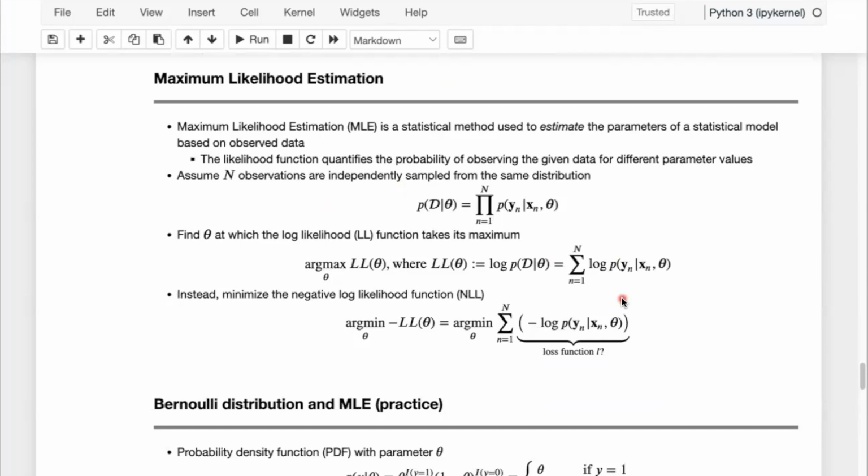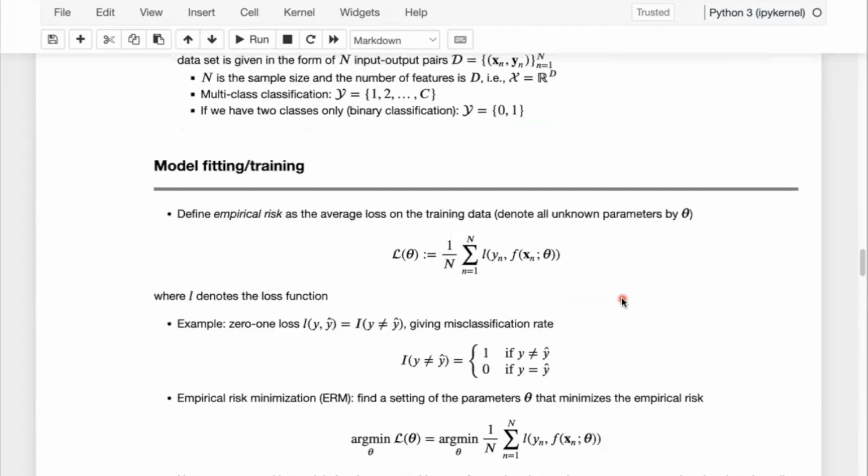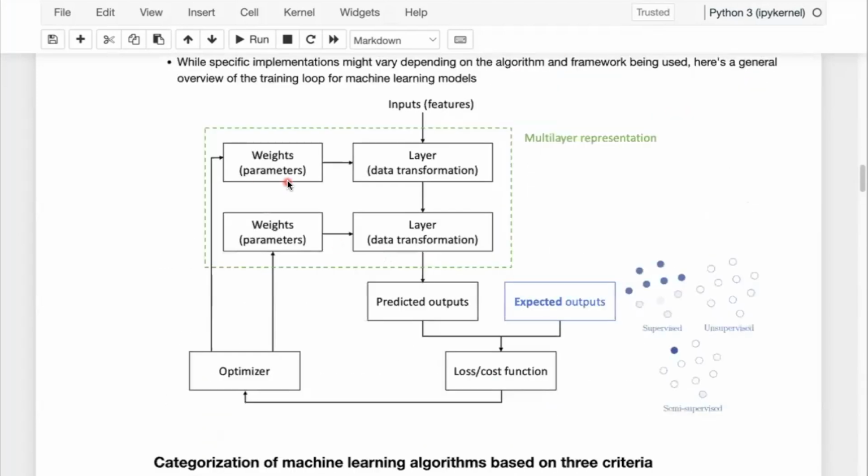Although I mentioned earlier that we are not going to work with Bayesian modeling very much in this course, we will take advantage of maximum likelihood estimation. Why should we use maximum likelihood estimation? Because if you think about it, in this diagram we have these weights or parameters that are unknown.